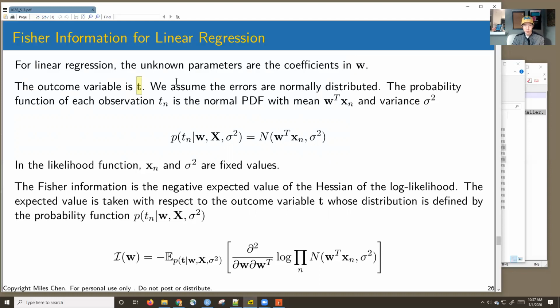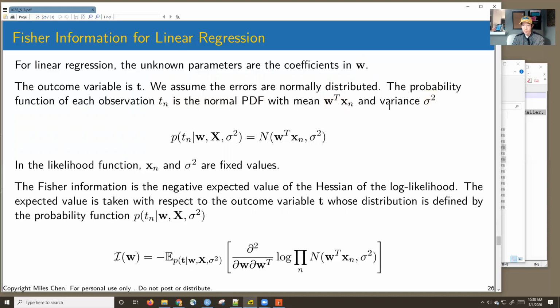So when we assume that the errors are normally distributed, the probability function that we have for each observation, t sub n, in our generative case is going to be the normal distribution, where the mean is W transpose X and the variance is sigma squared.